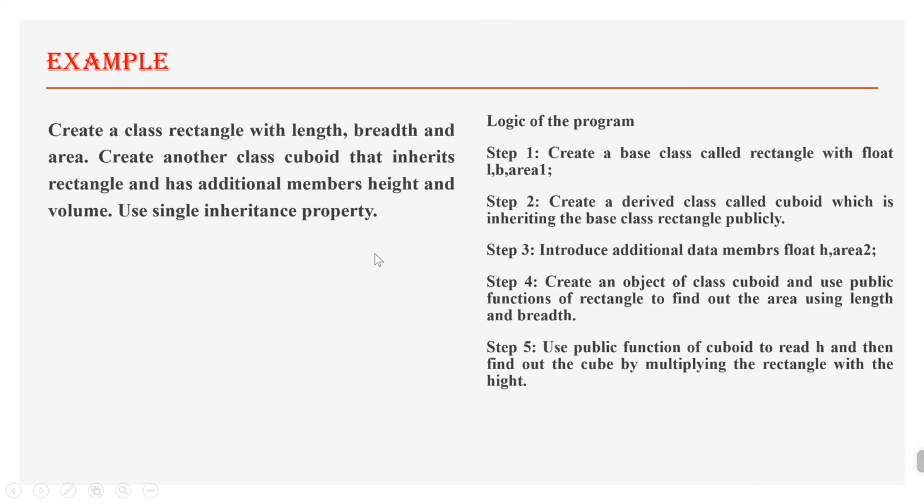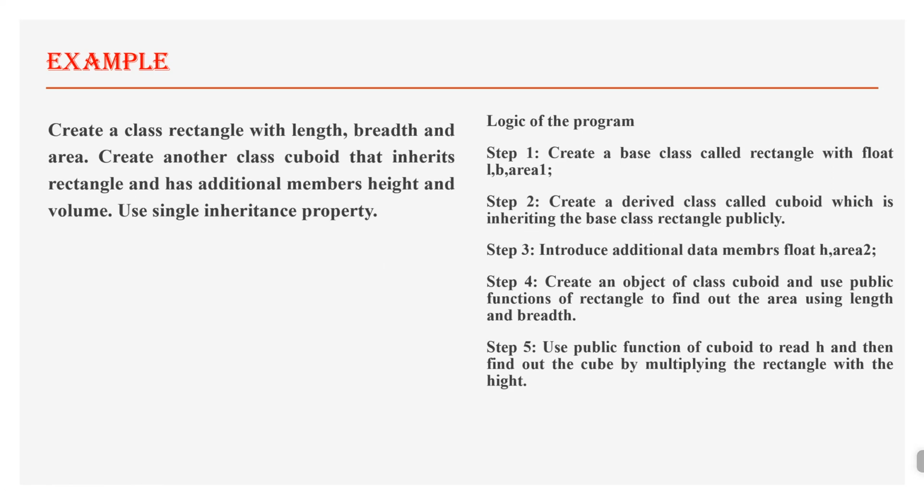Now, moving on to an example. See, here an example is given wherein we are supposed to create a class called rectangle with length and breadth and area, and we have to create one more class which is called cuboid, which is inheriting the rectangle and has additional members as height and volume.